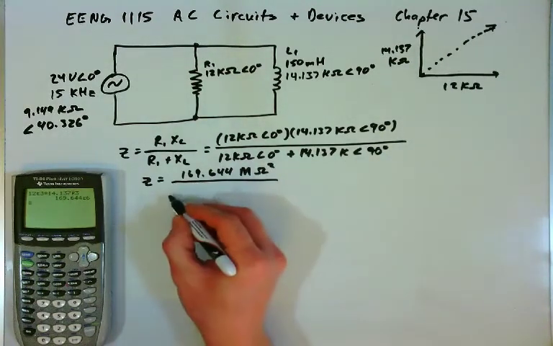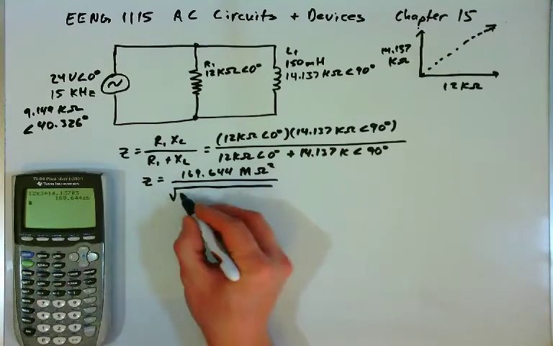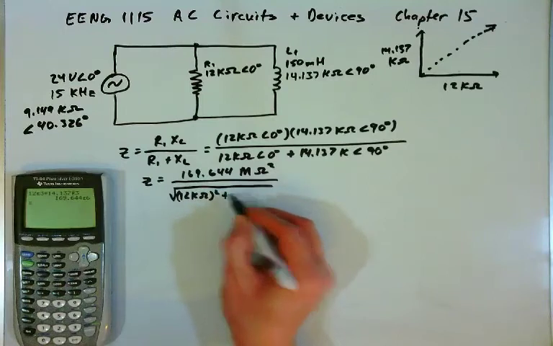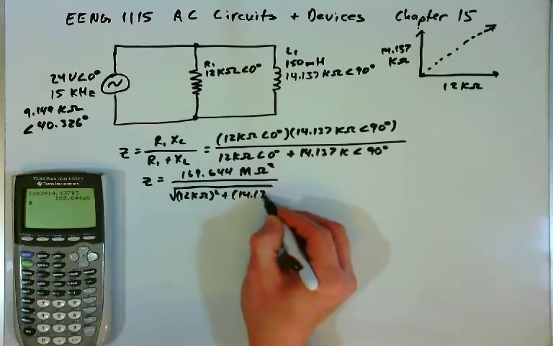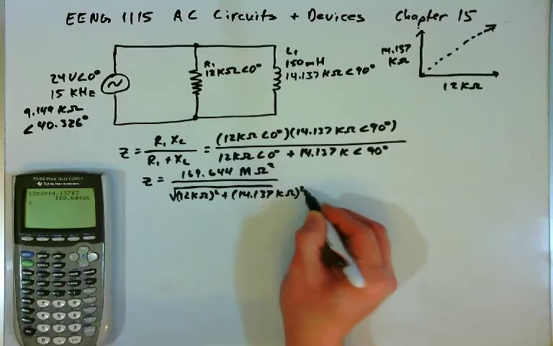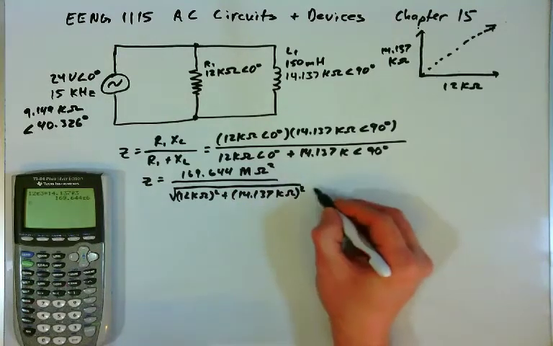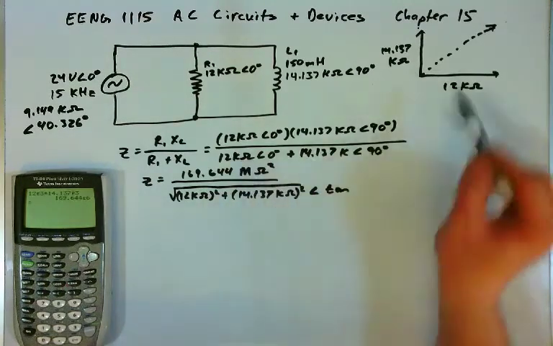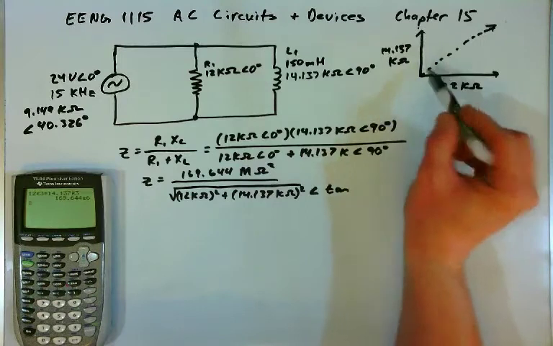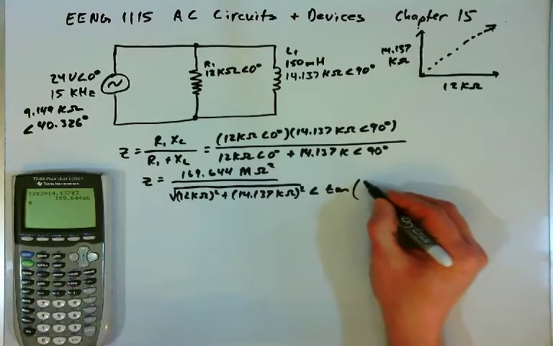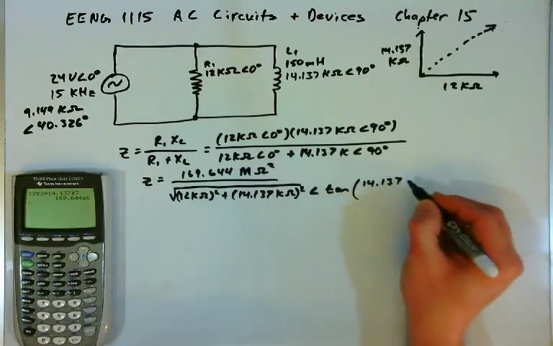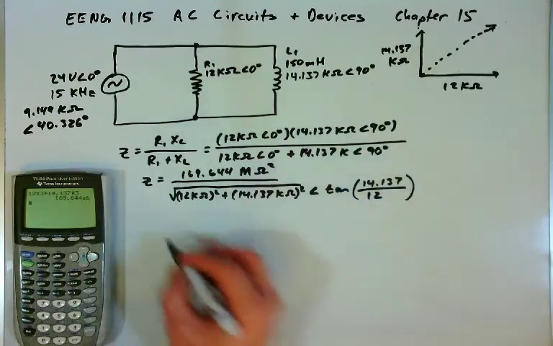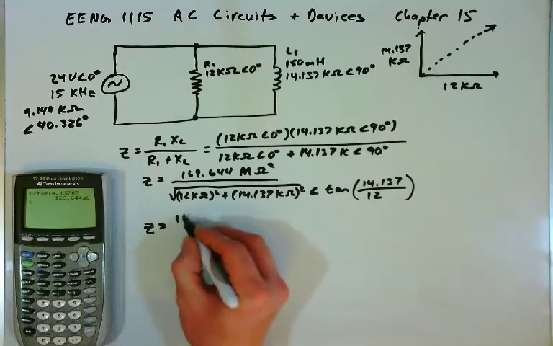The magnitude of this sum will be the square root of 12 kilo ohms squared plus 14.137 kilo ohms squared. That will give us the magnitude. And the angle will be the inverse tangent of always the y over the x. And in this example, you see that the y component now is positive. So the y component is 14.137 kilo ohms divided by 12 kilo ohms. The kilo ohms will cancel.